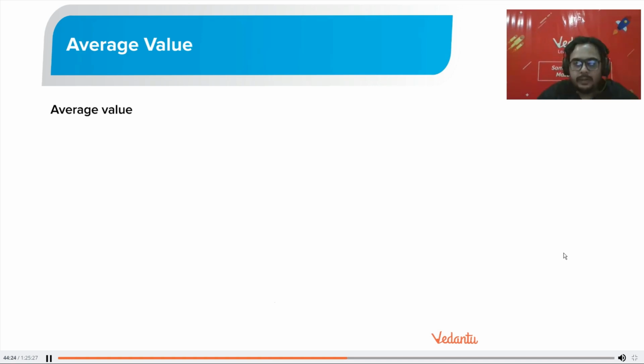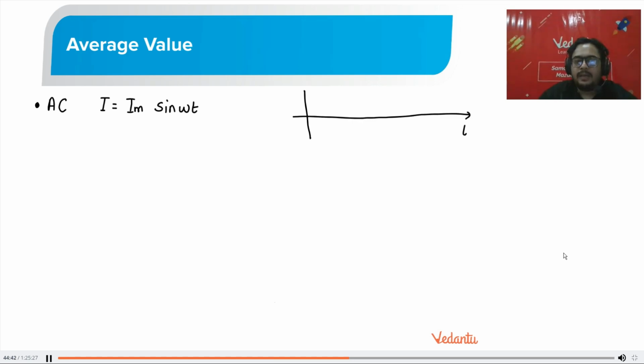Now one thing you should remember: just now we have learned about alternating current. So what is the general expression of alternating current? I is given as Im sin omega t. And if I draw the graph of this current, it is a sine curve, something like this.